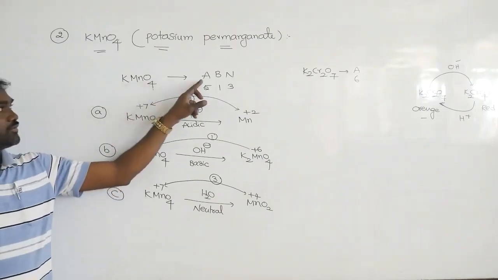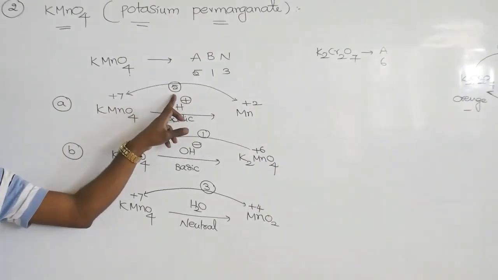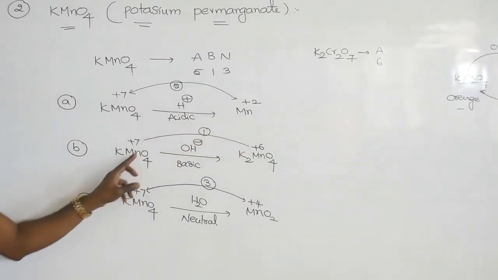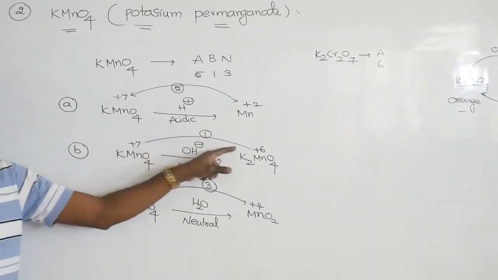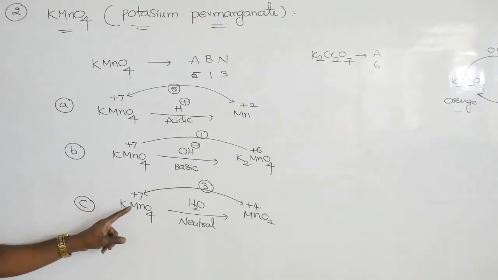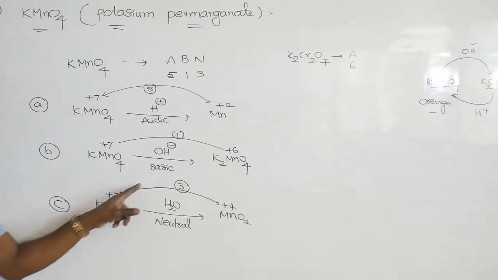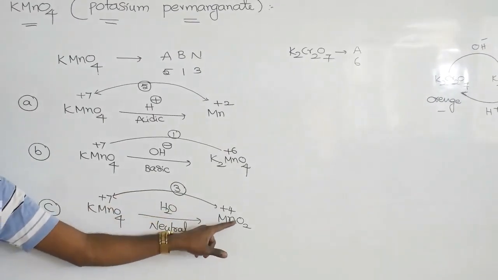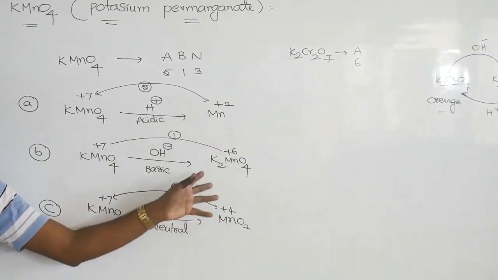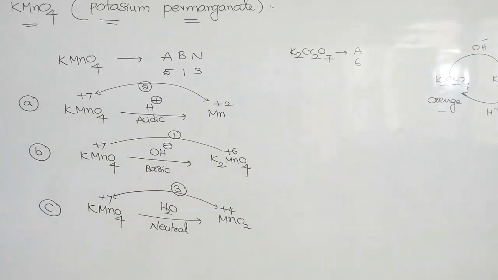So KMnO4 acidic medium, 5 electrons exchange, your answer is Mn plus 2. KMnO4 basic medium, 1 electron exchanges, your answer is K2MnO4. KMnO4 neutral medium, 3 electrons exchange, your answer is MnO2. If you remember these things perfectly, then only the problem will be solved.